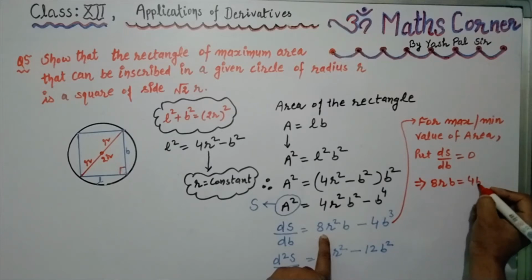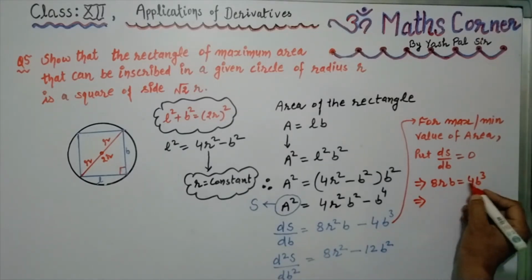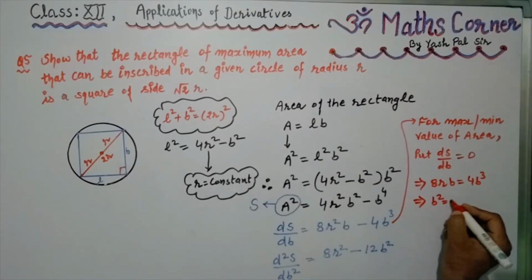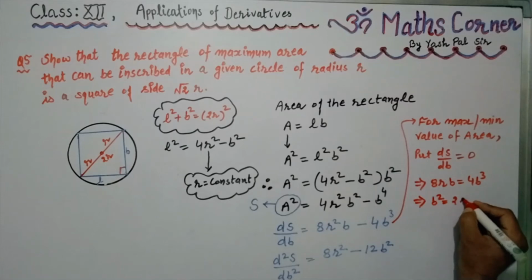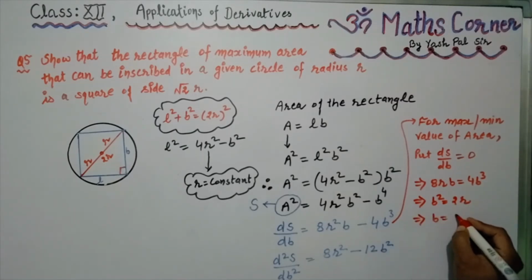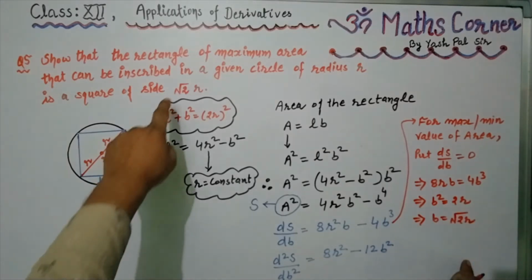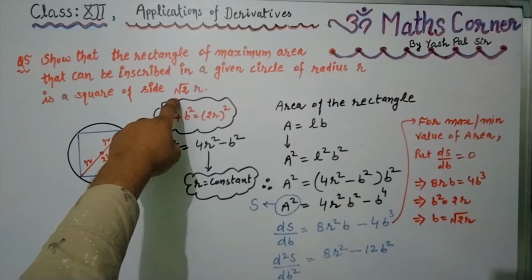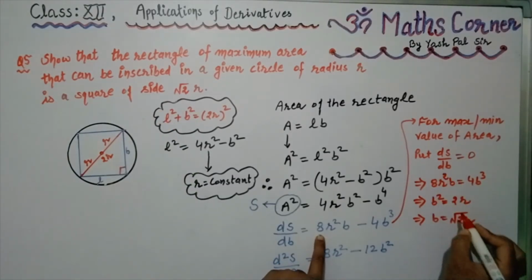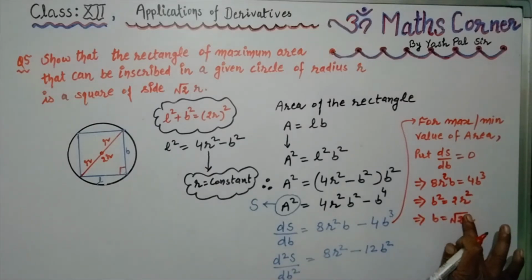That is, we put 8r square B equal to 4B raised to power 3. From here, B cannot be equal to 0, so we say B square is equal to 2r square. So it means the value of B is square root 2r. So this is what we wanted to prove.